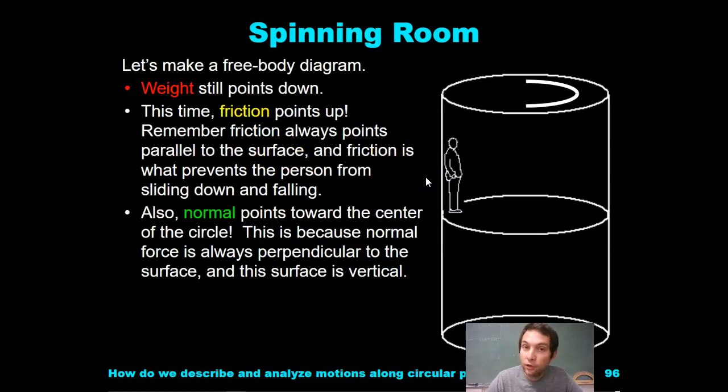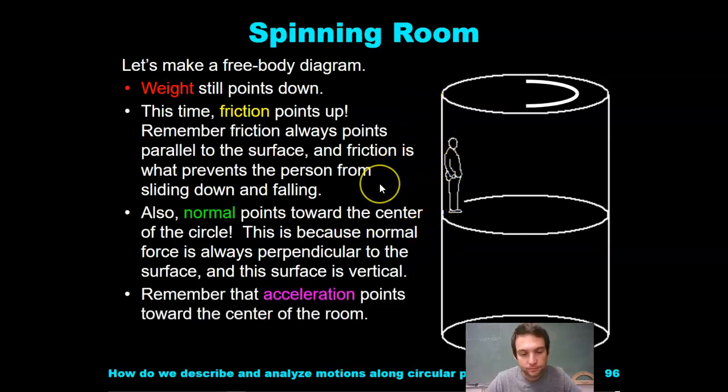Also, the normal force is pointing towards the center because the normal force is always perpendicular to the surface, and this surface is vertical. So the acceleration this time is going to point towards the center of the room because we're going in a circle like this. So if we're going in a circle like this, then the acceleration has to be directed towards the center of that circle.